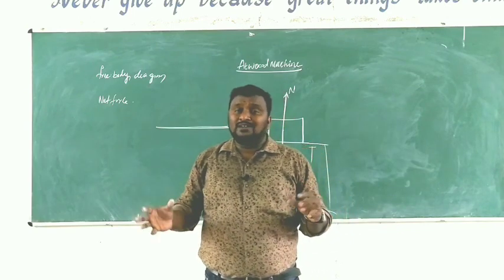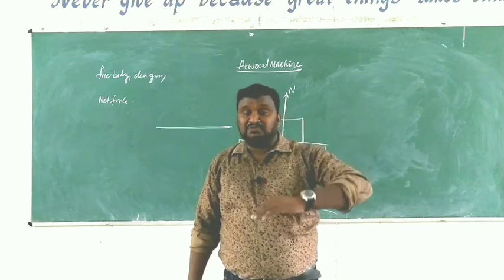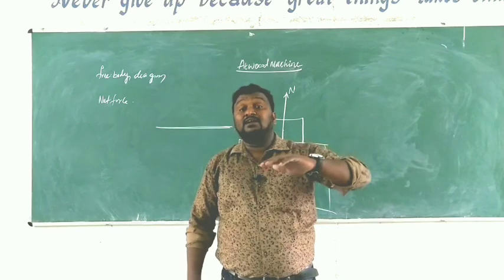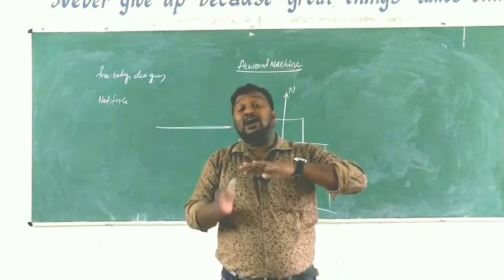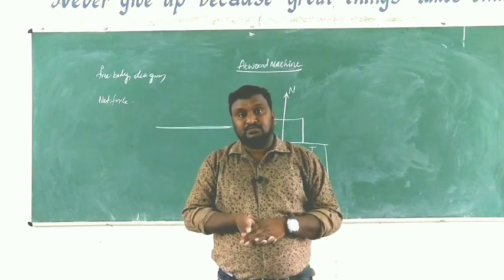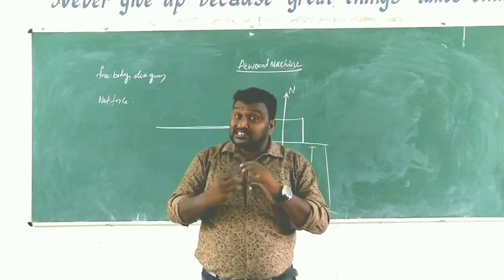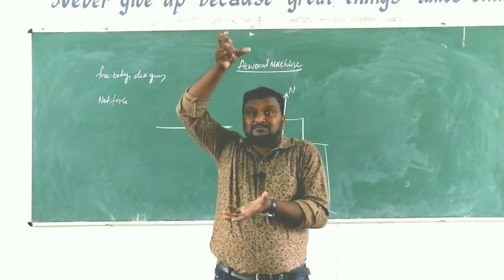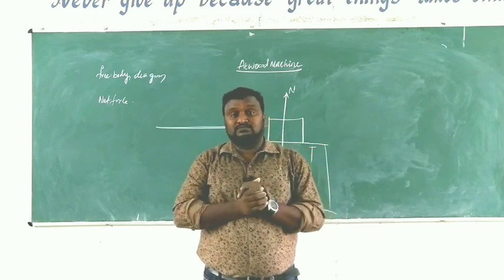Normal force means, when an object is placed on any surface, some pressure is created between the bottom surface of the object and the top surface of the other object. These two are compressed together. Due to that some pressure is developed, and due to that some upward force acts. That is what we call normal force.